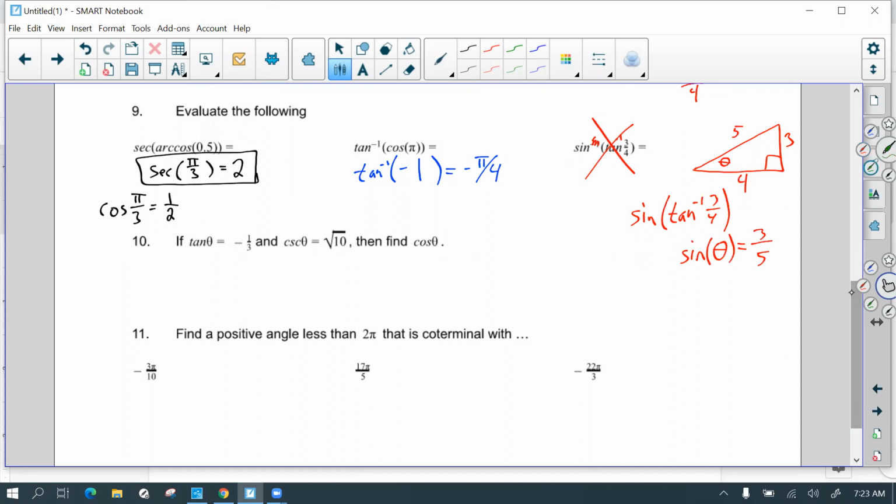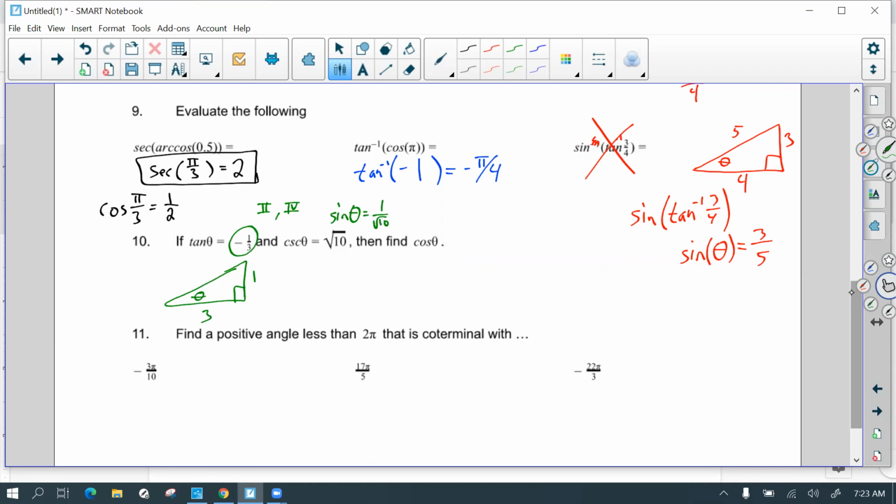And a similar thing for number 10. You've got a right triangle, and you know that the tangent is 1/3. And since you know tangent is negative, it's either in quadrant 2 or quadrant 4. Here, the cosecant is rad 10, so that means the sine is 1/rad 10, which is a positive sine value.